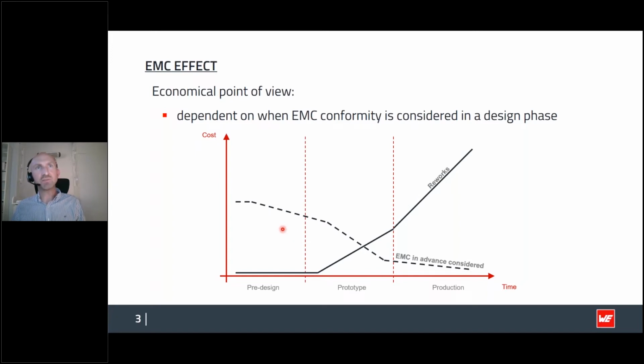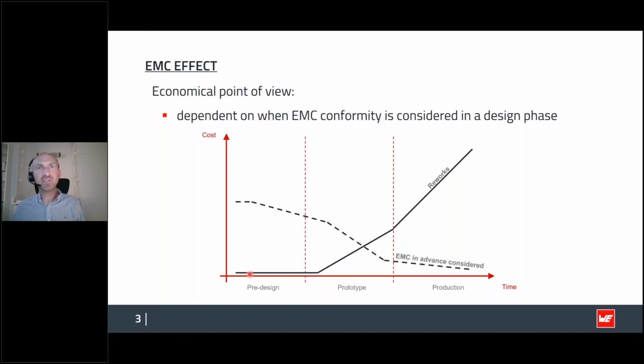So if we think about EMC at the early stages of design, now for sure it costs a little bit more, takes a little bit more time to consider all the EMC issues in the early stages, in the pre-design stages, and then in the prototype stages. But then when we release our product onto the market, hopefully the EMC then at that stage will be sorted. We've looked at all the problems that could arise, and then it's plain sailing from then on when we go into production and then release onto the marketplace.